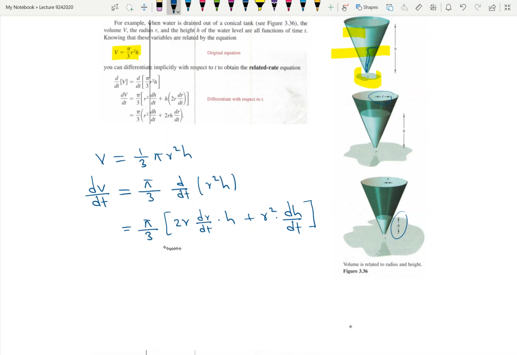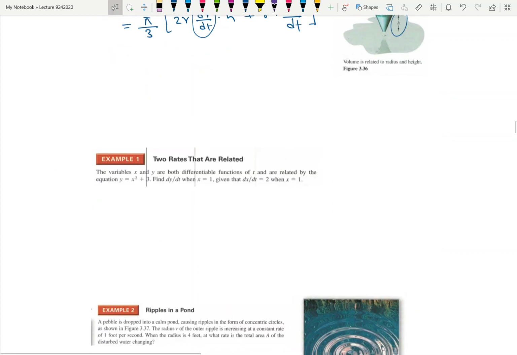So this would be the formula. And in our problem, suppose dr over dt is given and dh over dt is given, and we need to find dV over dt. Okay, let's discuss a few examples.